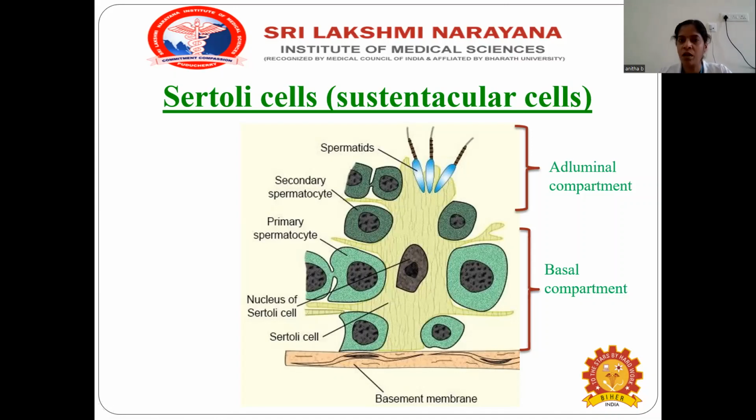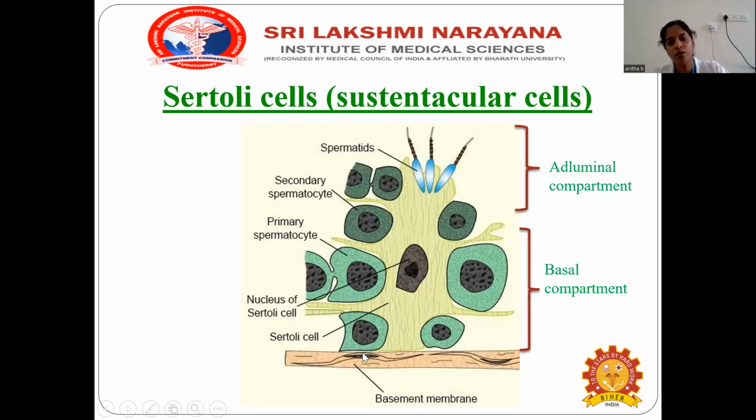These antibodies will agglutinate the antigens, because they are going to kill them. If the spermatozoa agglutinate, they lose their function. This will lead to infertility. To avoid that, the Sertoli cells' lateral processes join with the adjacent Sertoli cells and form the blood testis barrier. They divide this into two compartments. The basal compartment has the spermatogonium and primary spermatocytes.